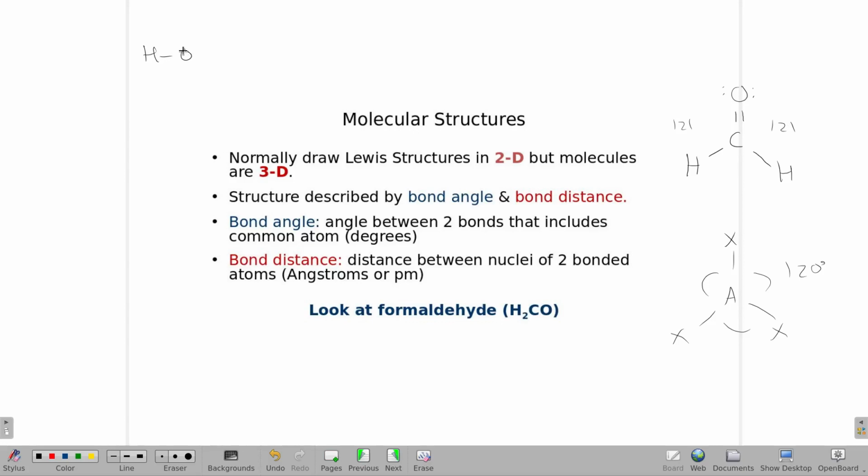We actually ended up drawing it like this. Yeah, if it was flat on paper, we would actually see a bend to it. And this is about 105 degrees. And that's because these electrons, which are up here, are pushing down on it. They're actually making that molecule bend. They actually occupy space.